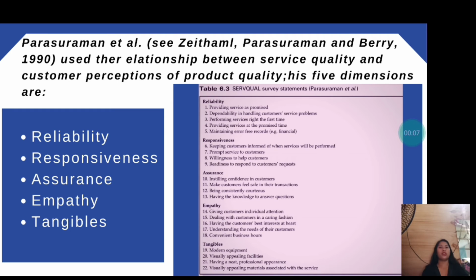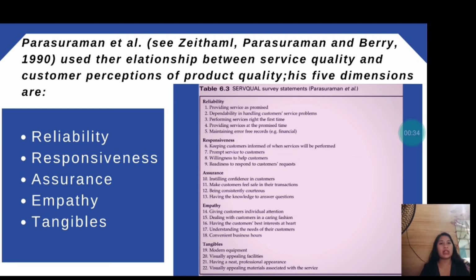Parasuraman and others use their relationship between service quality and customer perception of product quality. So, these are their 5 dimensions: reliability, responsiveness, assurance, empathy, and tangibles.